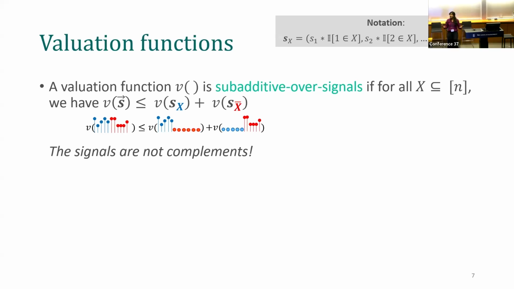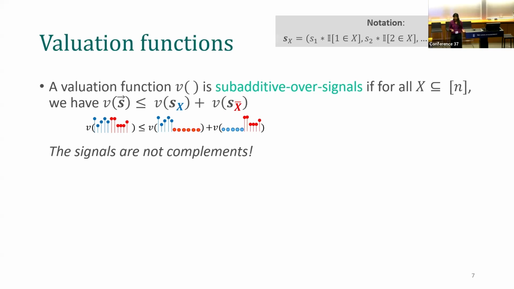When two people come and say that it's a Picasso, your value is not really going up twice as much as when you only hear from each of them separately. Okay? And as I said, this is a really crucial assumption for us because without the assumption that the signals are not complements, we can have really strong impossibility results where no non-trivial guarantees can be given.